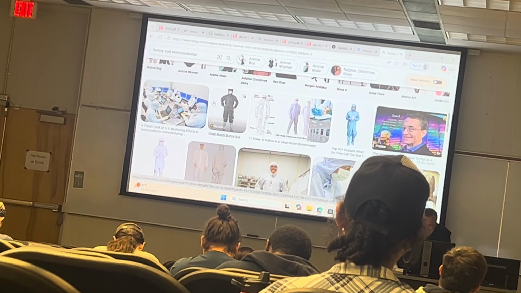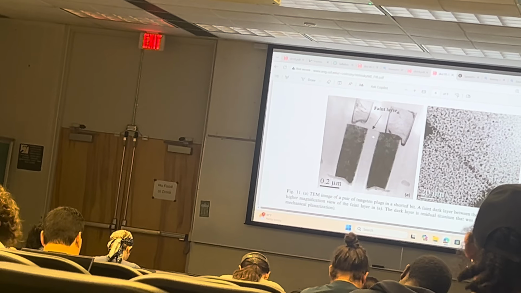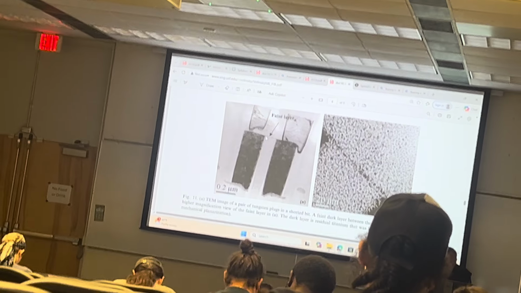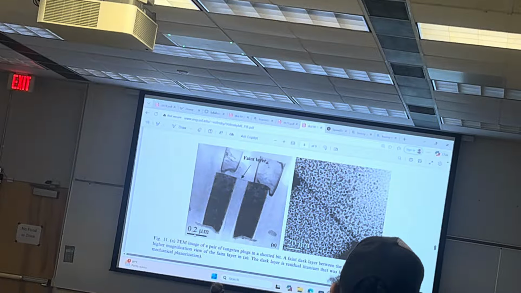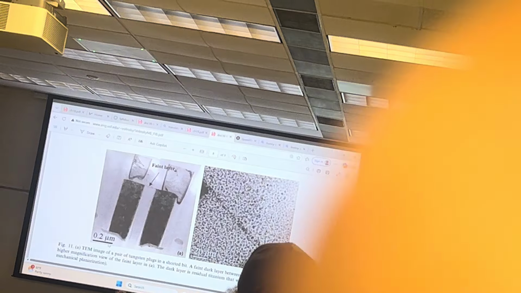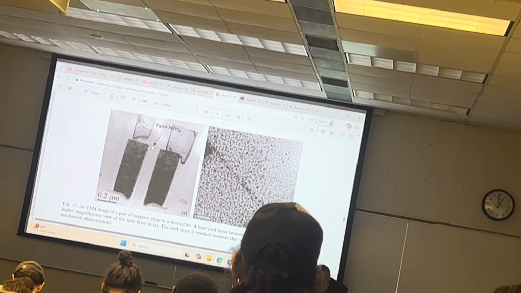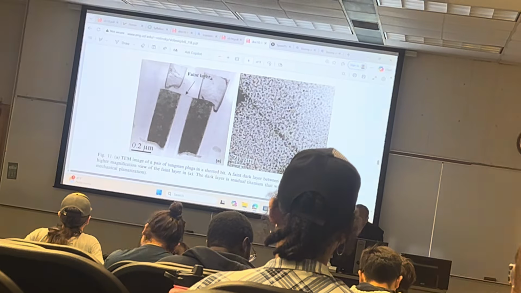How about this? Look at this. This steel bar is 200 nanometers. There's a faint layer, and this is 20 nanometers. 20 nanometers is how many angstroms?